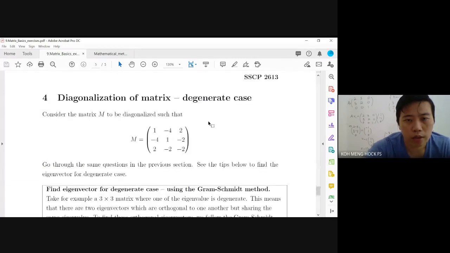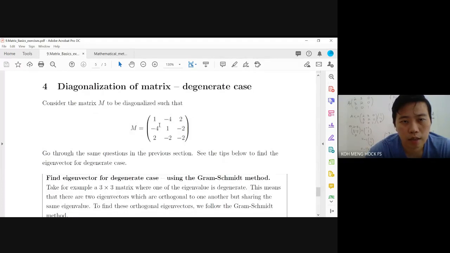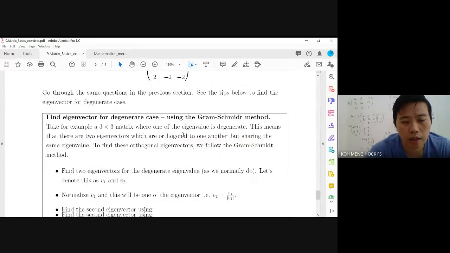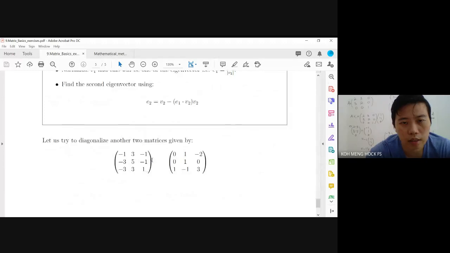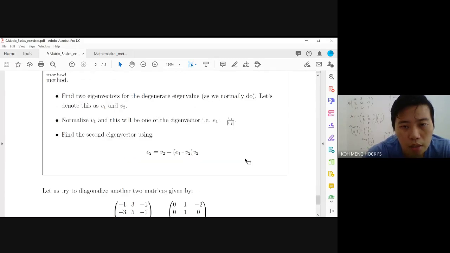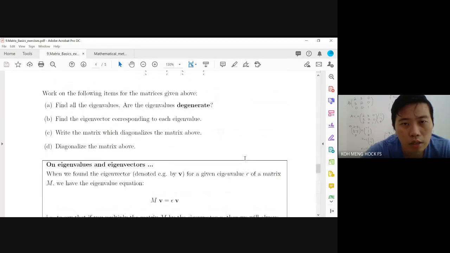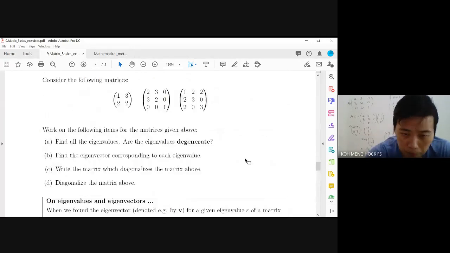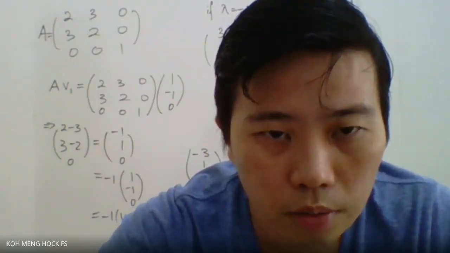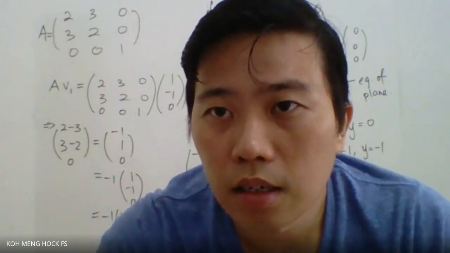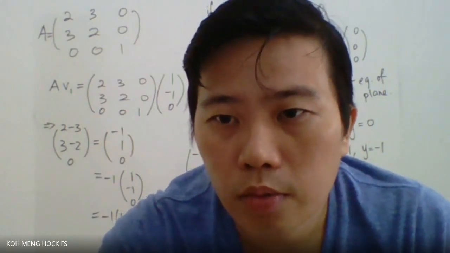Then you do the next one, which is here, M, a degenerate case, and the last two here for the degenerate case as well. So in total, you have 6 matrices to diagonalize, 3 degenerate and 3 non-degenerate. I guess this is a quick walk in the park for you.